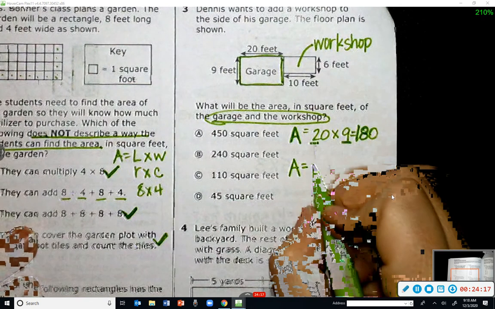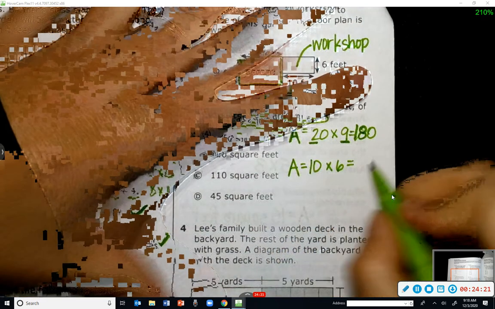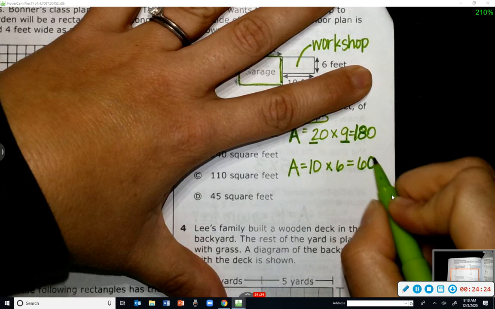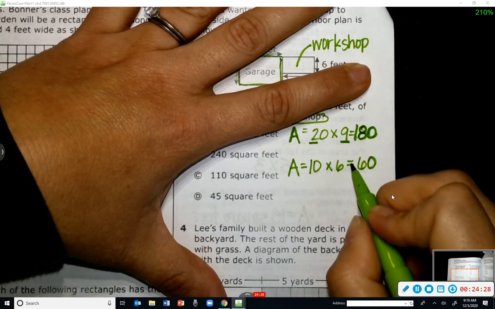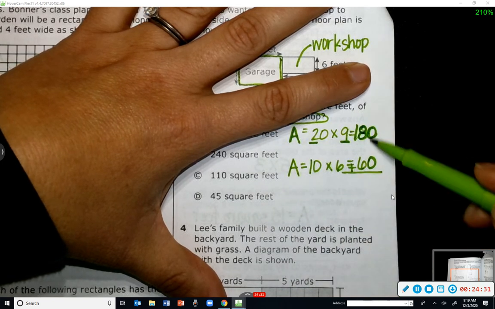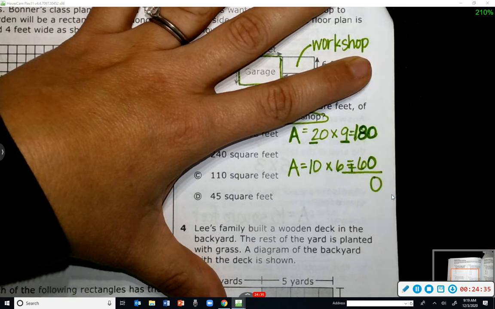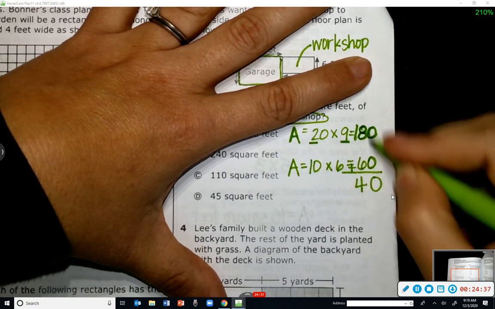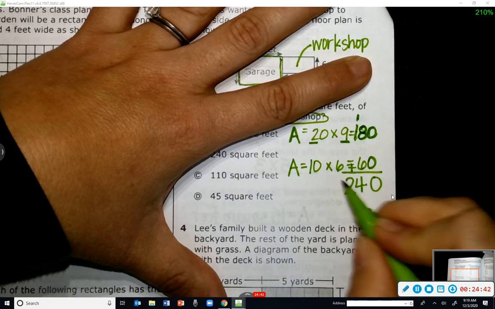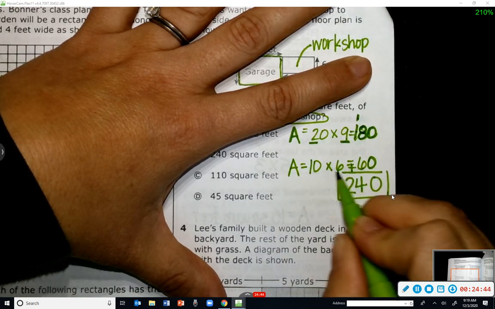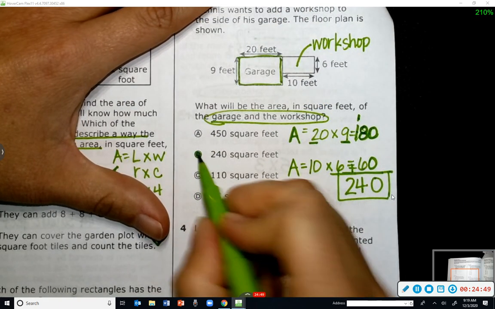So I would do 10 times 6, which is 60. I'm still not done, though. I have one more step. Add both of them. 180 plus 60. 0. 8 plus 6 is 14. Carry the 1. 1 plus 1 is 2. Now do we see our answer? Yes. 240 is B.